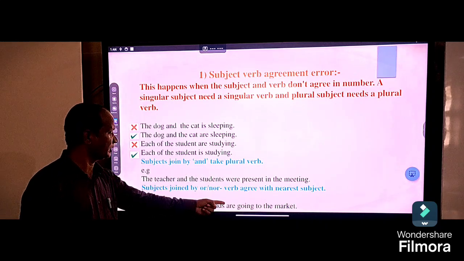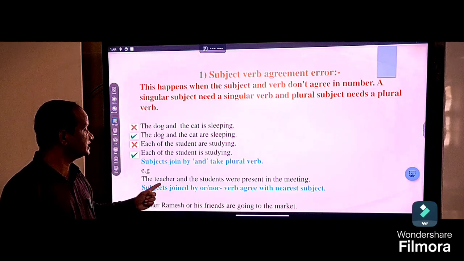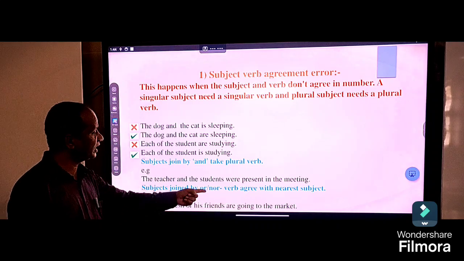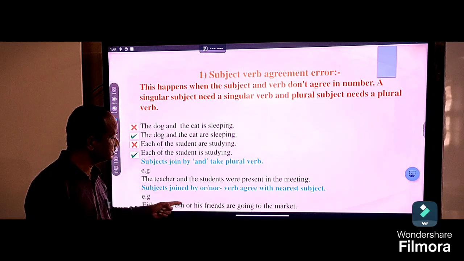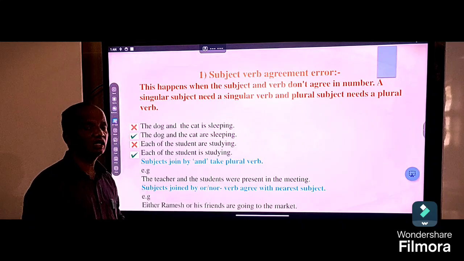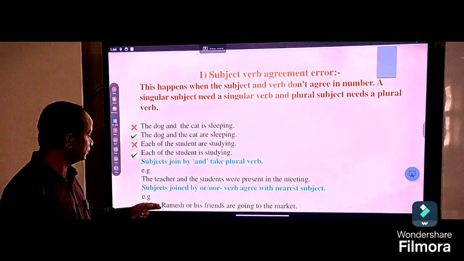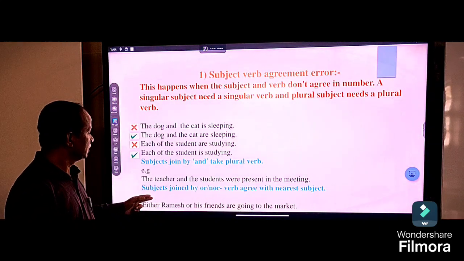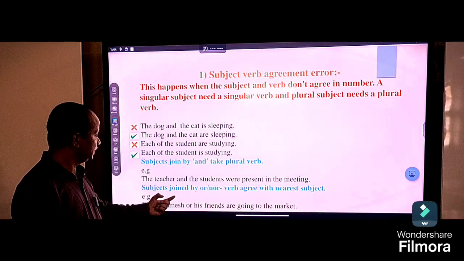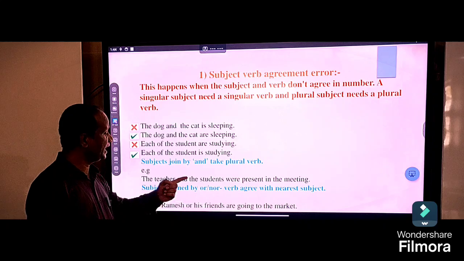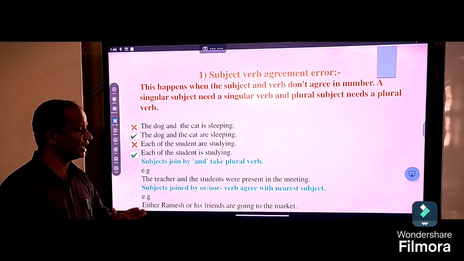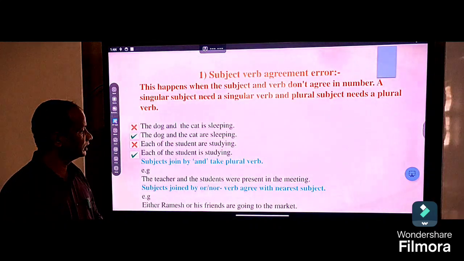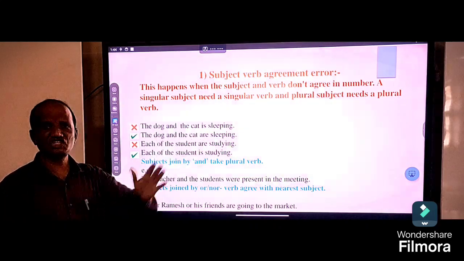Here we have used are because our rule says that our verb agrees with the nearest subject, that is his friends. So his friends is plural, so we have used are here, even though the first subject is Ramesh. Here because these two subjects are joined by or, our rule says that the verb agrees with the nearest subject.